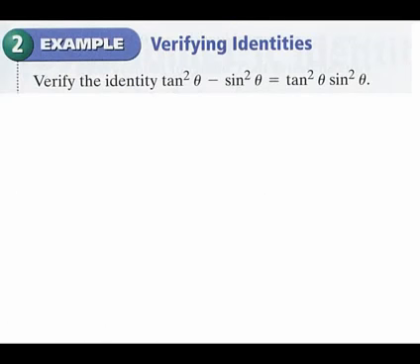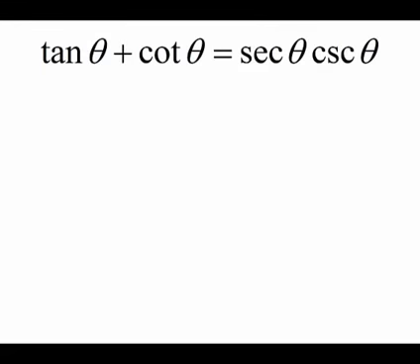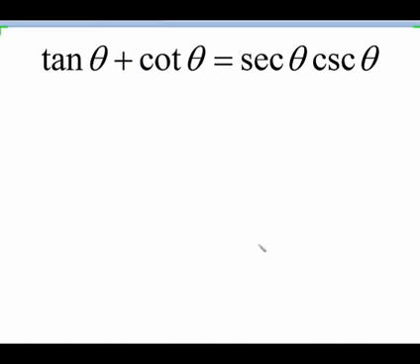All right, let's take a look at the next problem. So we need to verify this. All right. So once again, I believe it's easier to take adding or subtracting and then end up with multiplying at the end. Okay. So right here, let's change stuff to sine and cosines.